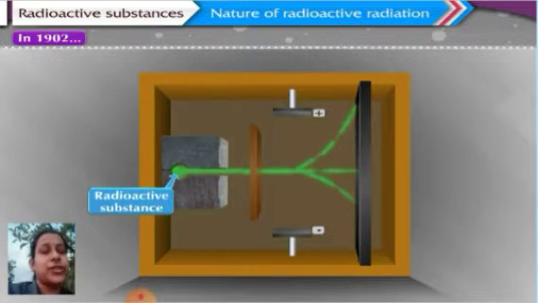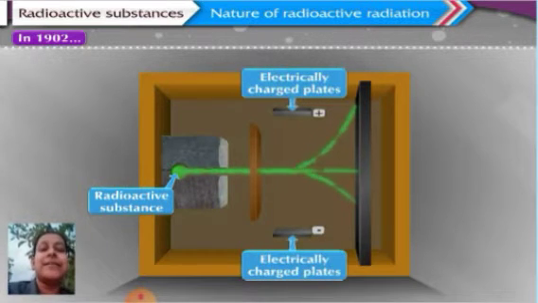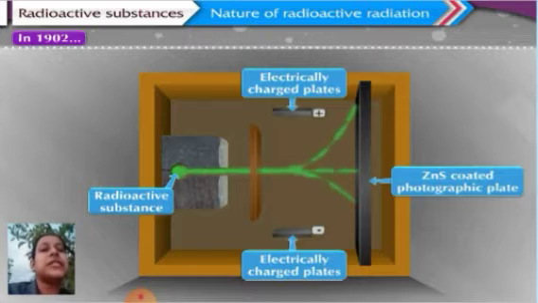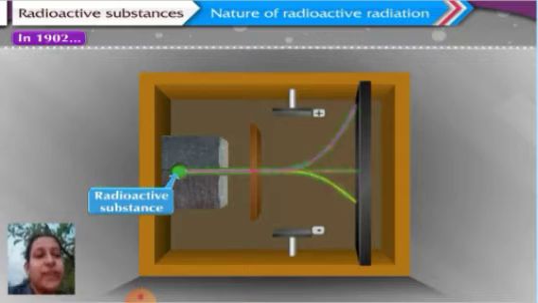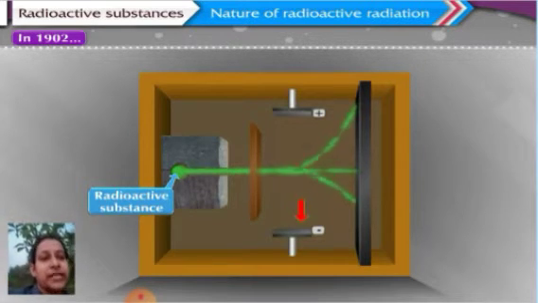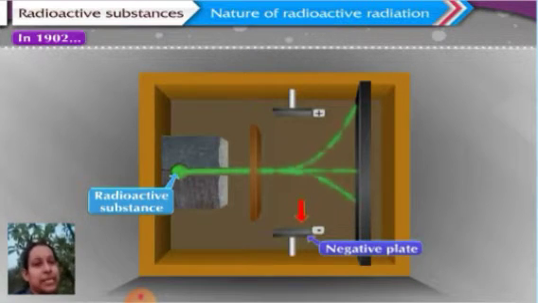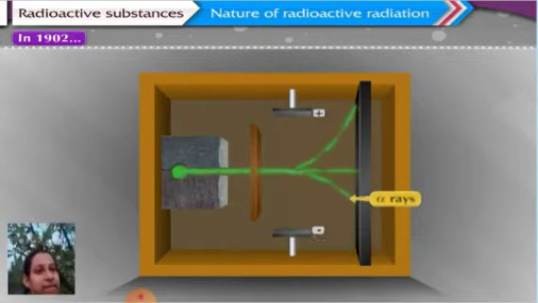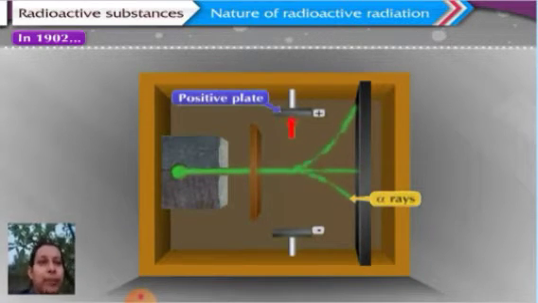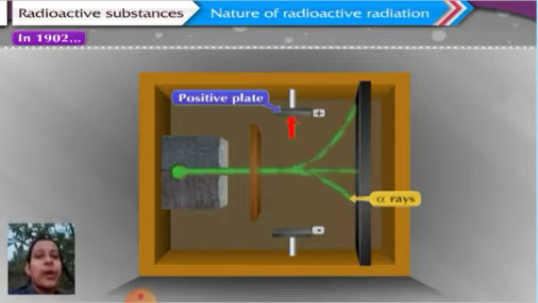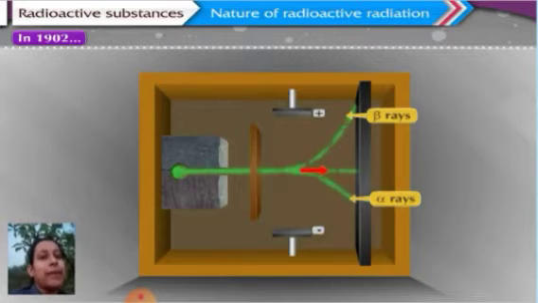One type of radiation deviated towards the negatively charged plate, another type deviated towards the positively charged plate, and the third one did not show any deviation. The one which deviated towards the negatively charged plate was called alpha particles, those which deviated towards the positively charged plate were called beta rays, and the one which did not show any deviation was called gamma rays.